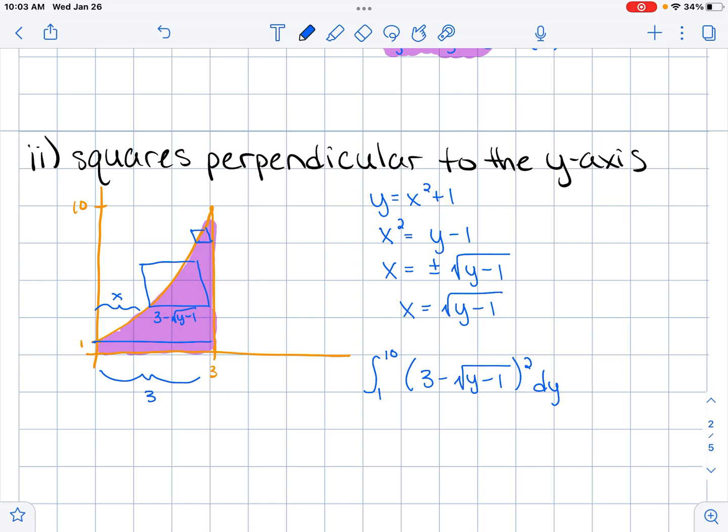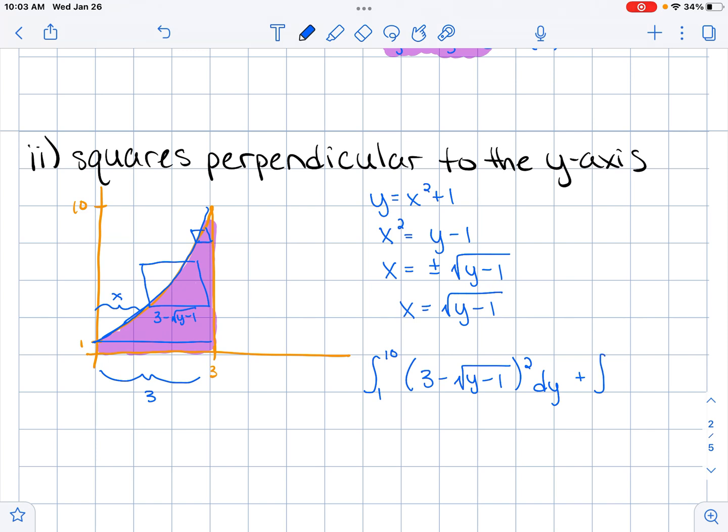So from 1 to 10, I can see that the side of the square is changing constantly because this curve right here is always changing. So from 1 to 10, the squares are changing in their size. However, from 0 to 1, those squares are not changing at all.